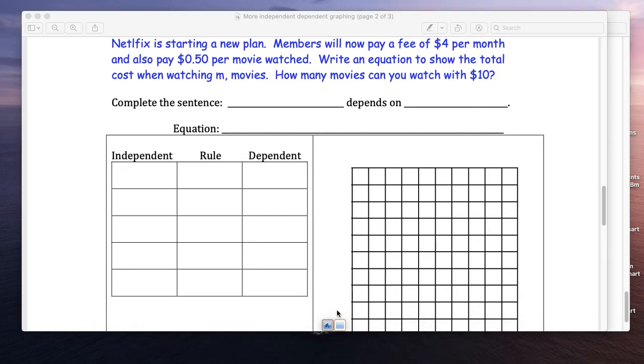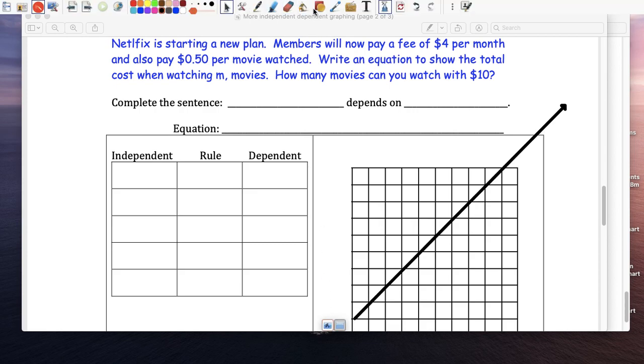So Netflix. What do we want here? How many movies can you watch with $10? Well, let's come up with the relationship here. Write an equation for the total cost when watching M movies.